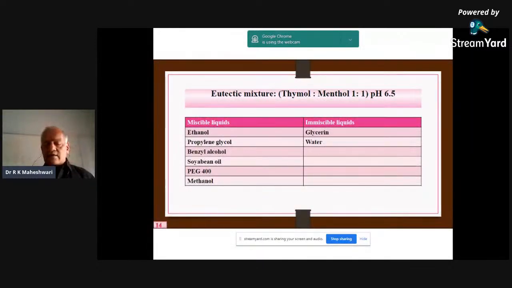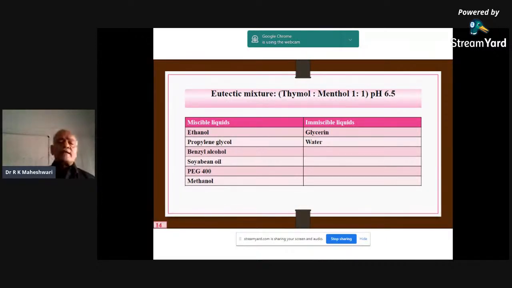Okay. Now again, you see the solubility of some liquids in the eutectic liquid mixture of thymol and menthol, the same eutectic liquid we are discussing. If you see the right-hand column, glycerine and water are immiscible in this liquid, you may say they are insoluble. Glycerine is insoluble in this eutectate, water is insoluble. Now you see the left-hand column: ethanol, propylene glycol.